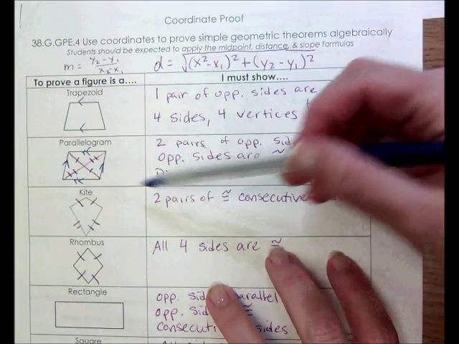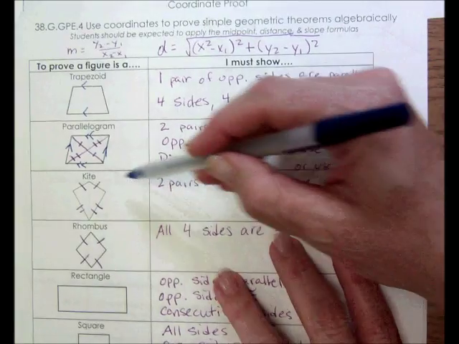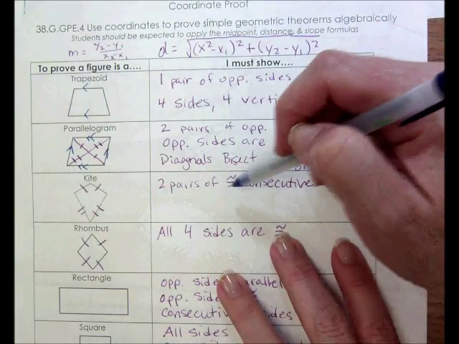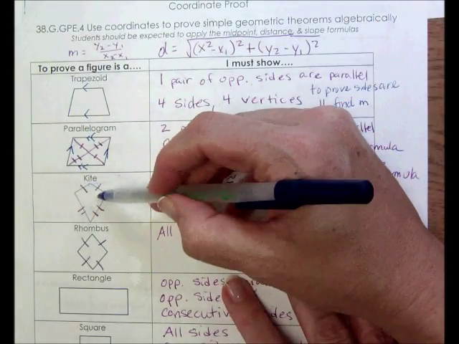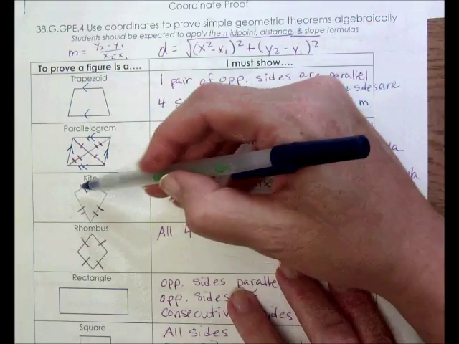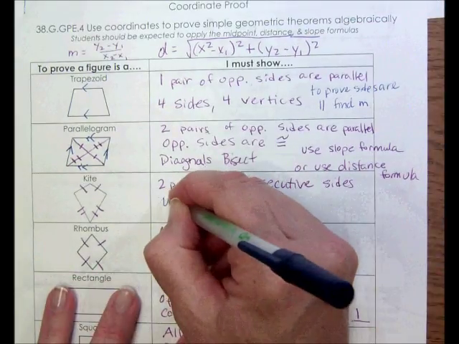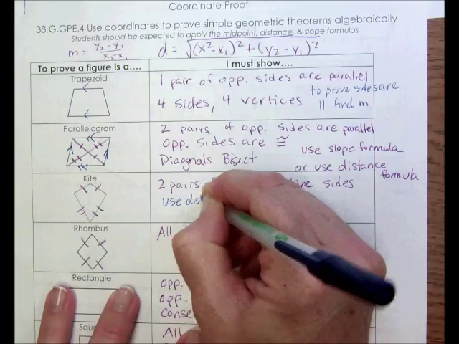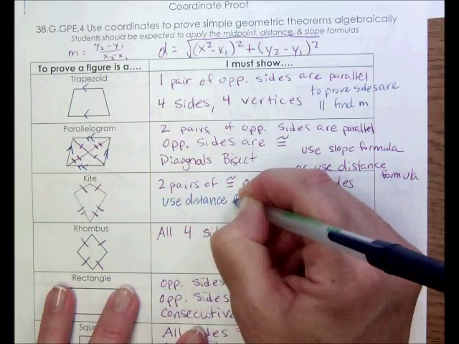And then we have kite, and I have two pairs of consecutive sides that are congruent, and it's indicated by the tick marks. So I would use the distance formula to find length and then compare.